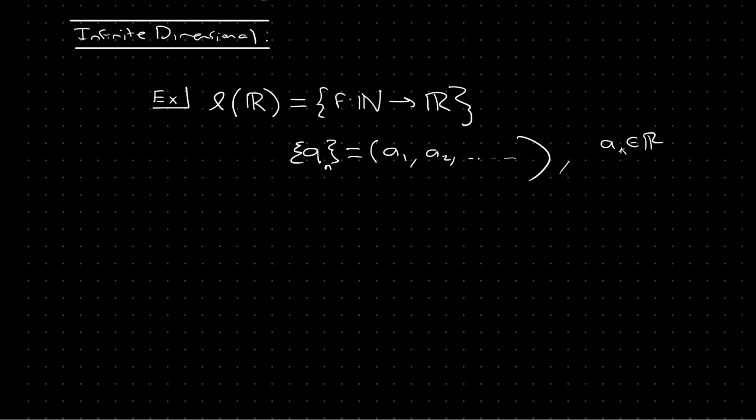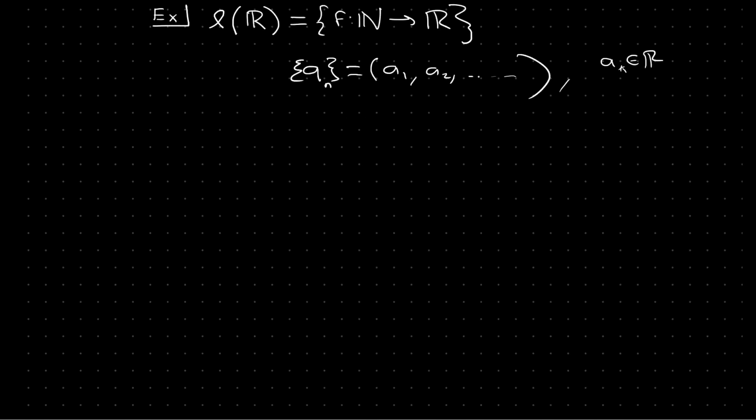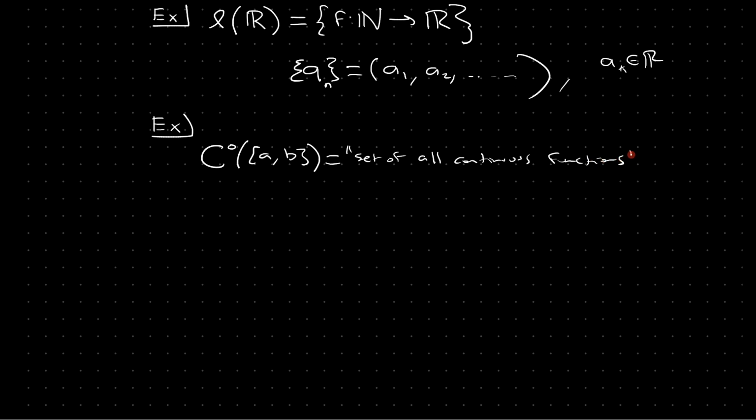And for my final few examples, I'm going to write down a couple of different examples that are going to be of particular interest for us in this course. The first example is C0 on an interval from a to b. This is, simply put, the set of all continuous functions, where the definition of a continuous function can be taken exactly from either your Calculus 1 class or your Introduction to Mathematical Analysis class.